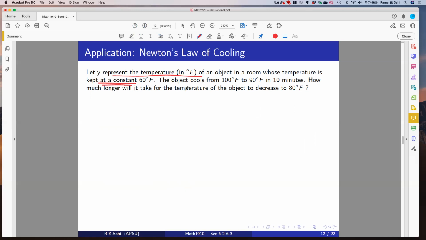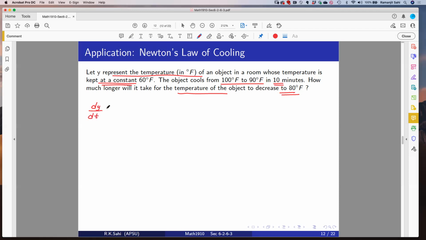The next line says the object cools from 100 degrees to 90° Fahrenheit in 10 minutes. Then the question is, how long will it take for the temperature of the object to decrease to 80° Fahrenheit? So we are looking at the temperature of the object from 100 degrees down to 80 degrees. Let's write down first the differential equation because it's Newton's law of cooling.